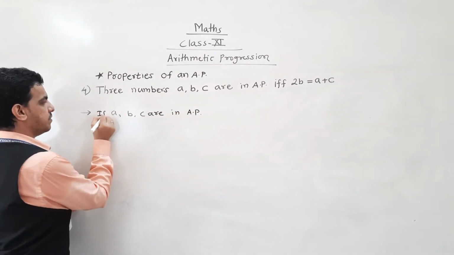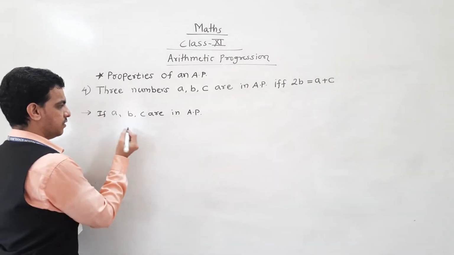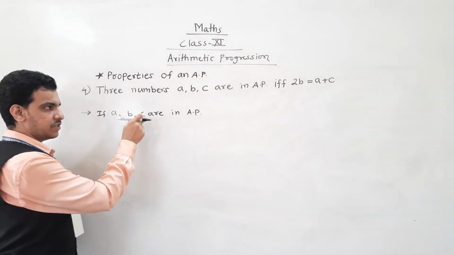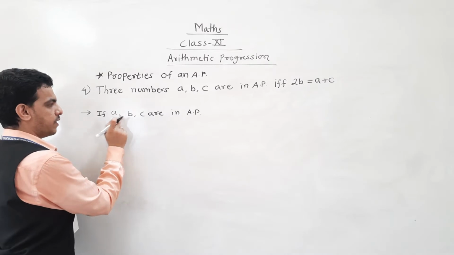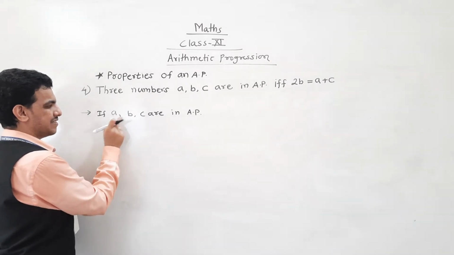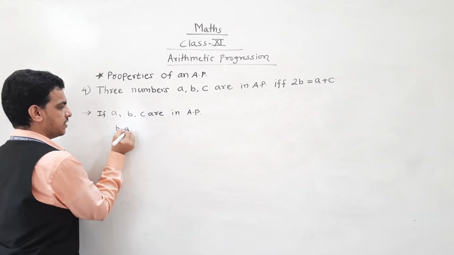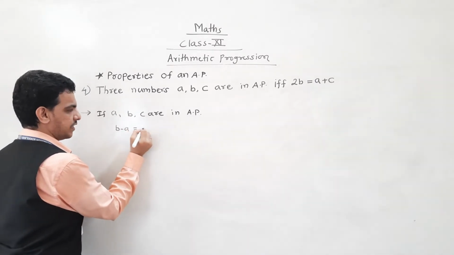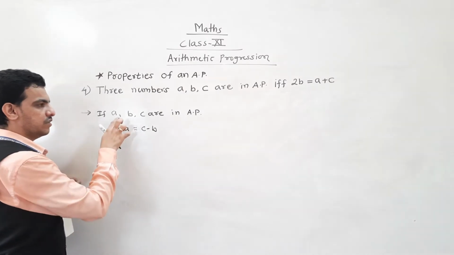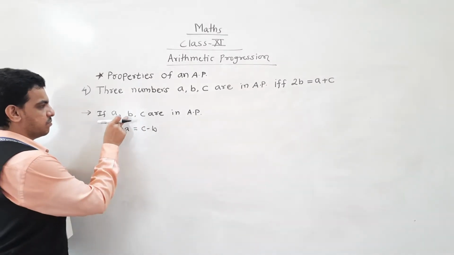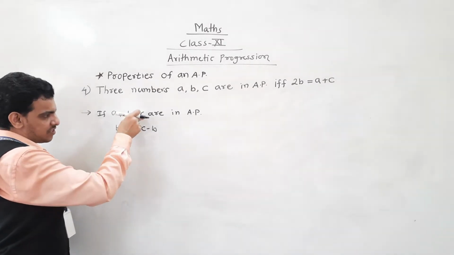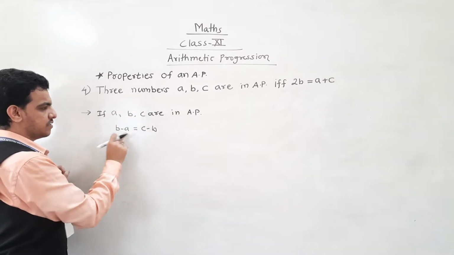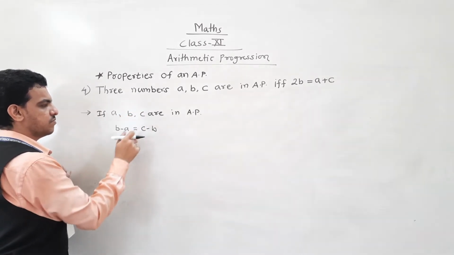If these three terms are in AP, the difference between consecutive terms, b minus a and c minus b, is equal. So b minus a is equal to c minus b.